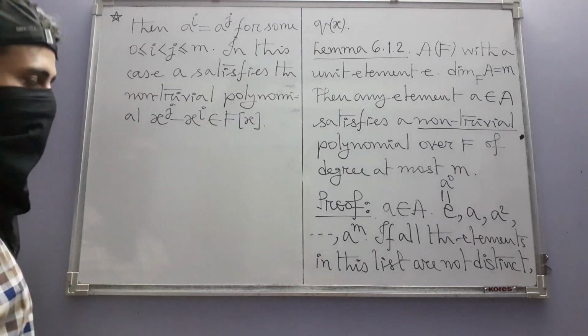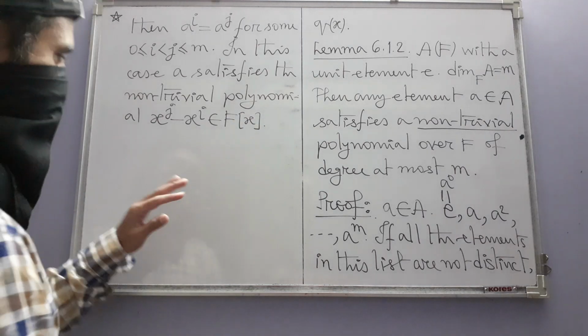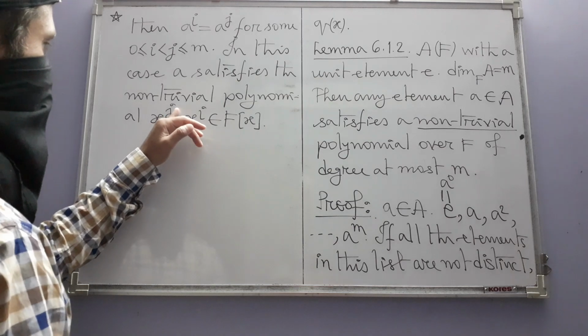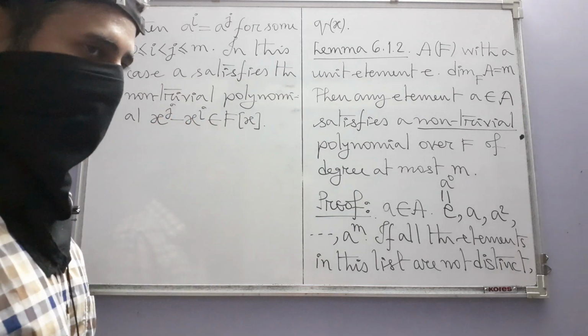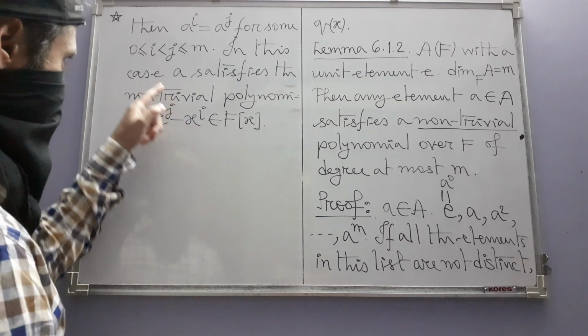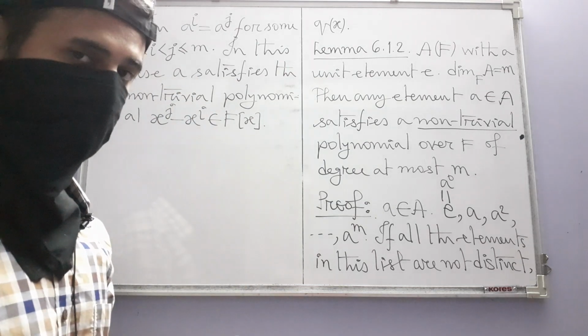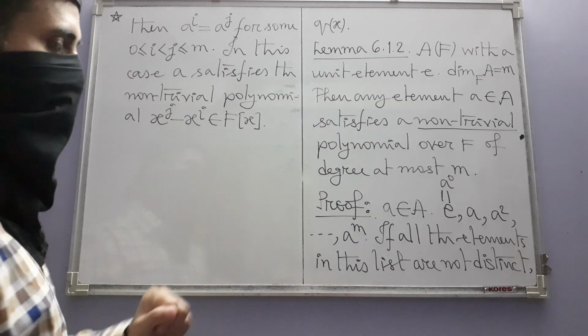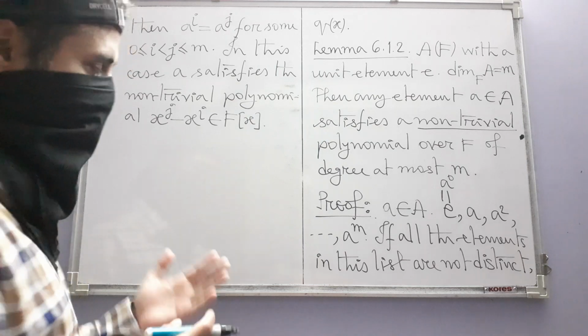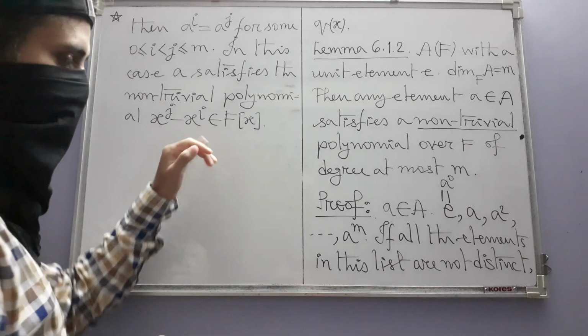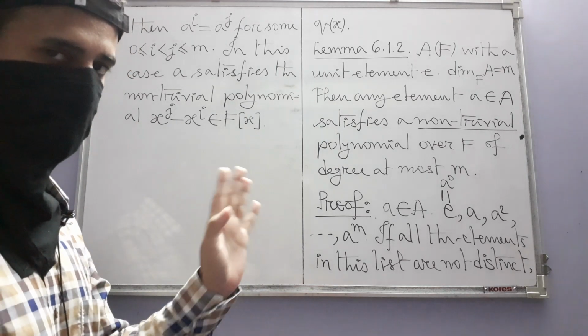Okay, why is it non-trivial? It is non-trivial because these are distinct powers of x. That is because j and i are different. So they do not cancel, as polynomials, they do not cancel each other and make this polynomial 0. That is not happening.